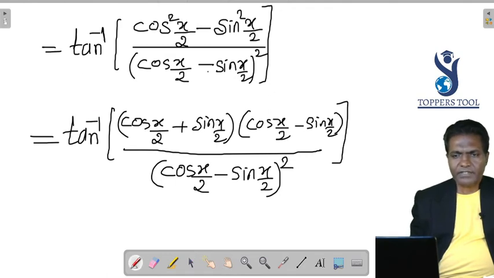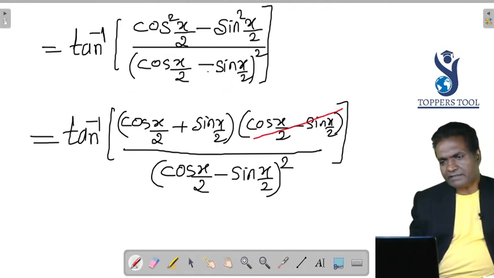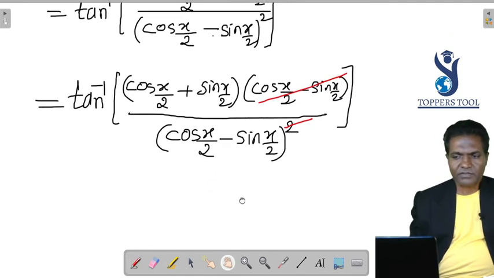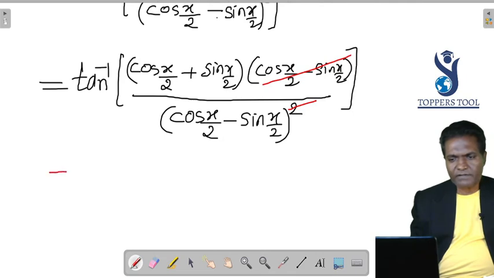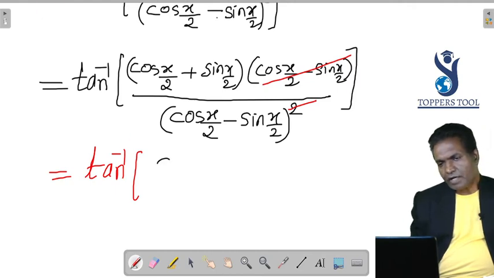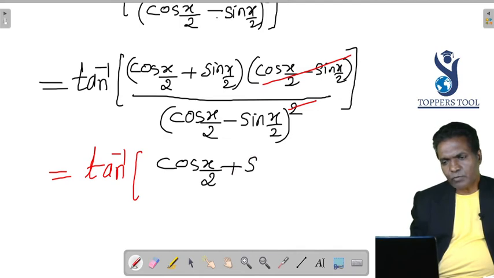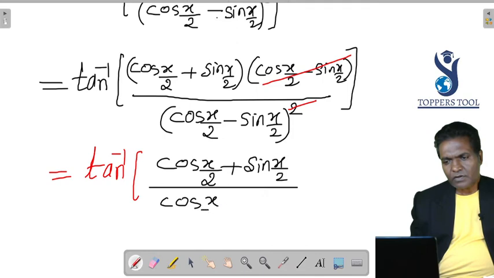Okay, now see here, one of the factors cancels. This cancels with one of the factors. These are two same terms. So whatever is left you write. Tan inverse of, you are left with cos x by 2 plus sin x by 2 whole divided by cos x by 2 minus sin x by 2.